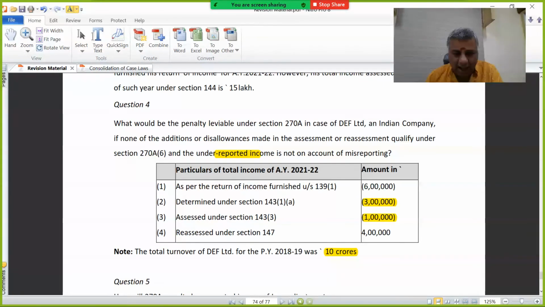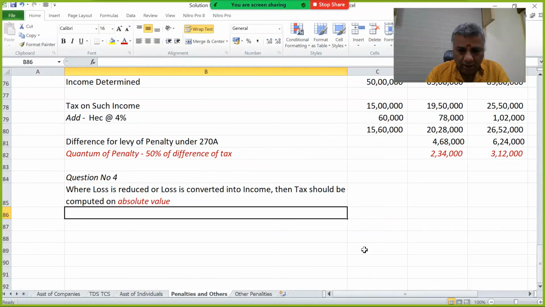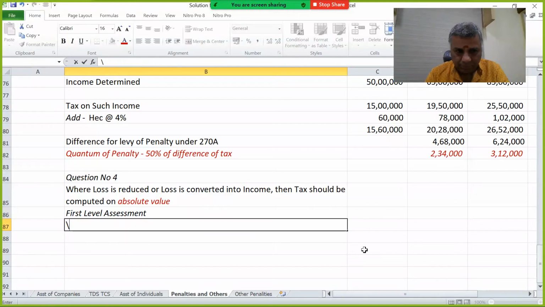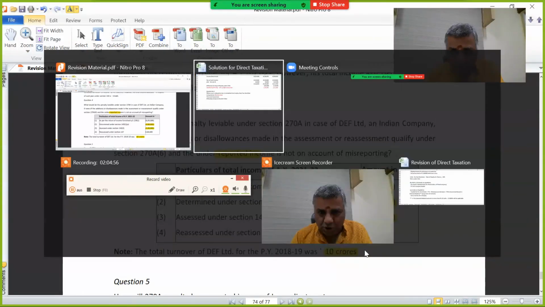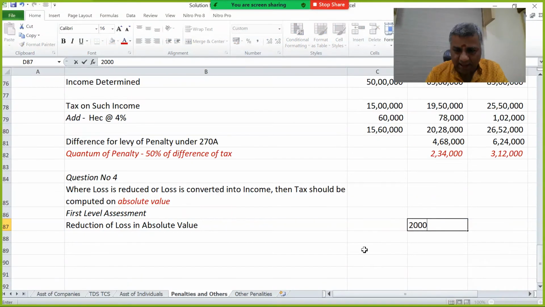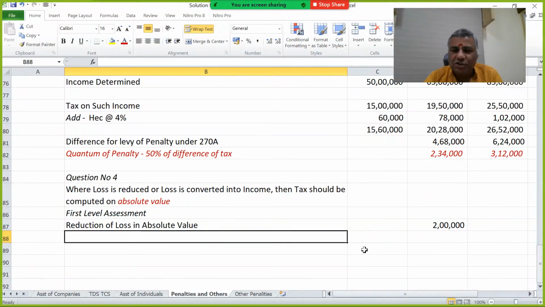So what happens is, at the first level of assessment, reduction of loss in absolute value. Reduction of loss in absolute value is 2 lakhs.